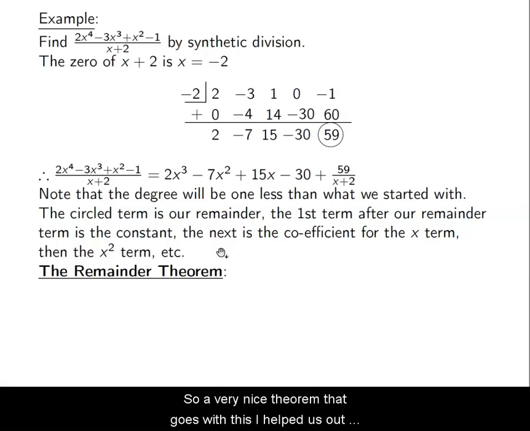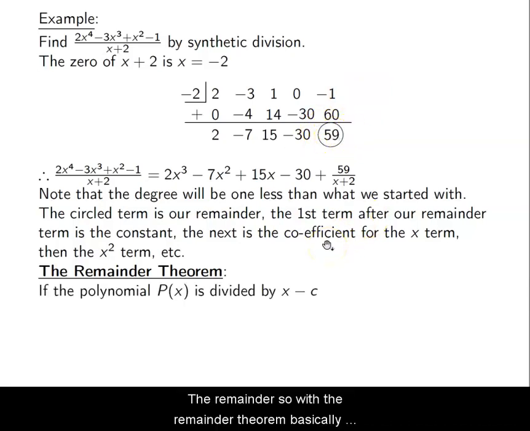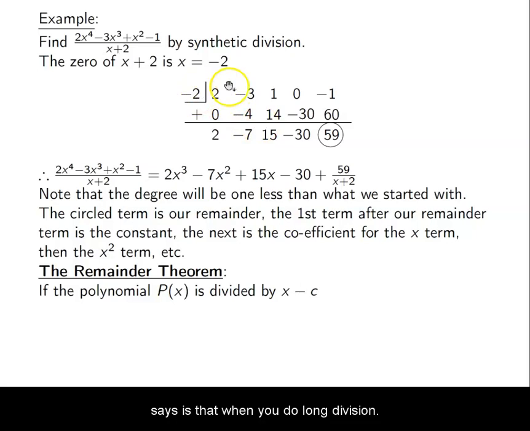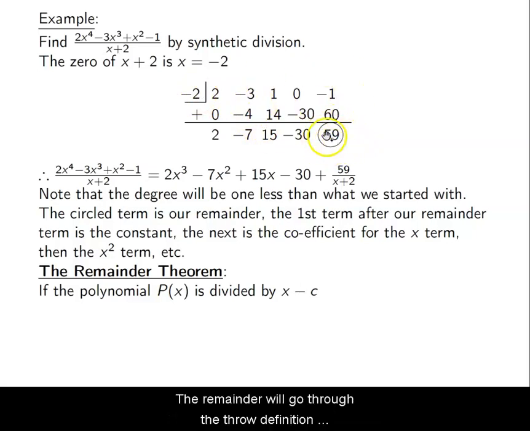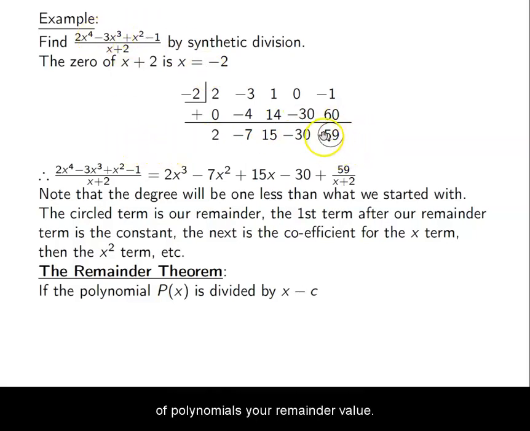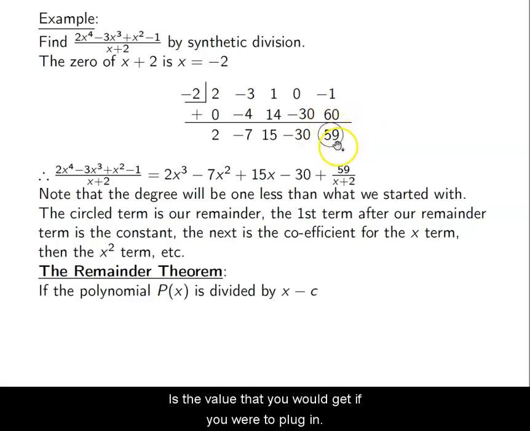A very nice theorem that goes with this, that helps us out a lot, is the remainder theorem. What the remainder theorem basically says, as a Cliff's Notes version, is that when you do synthetic division, or even long division of polynomials, your remainder is the value you would get if you plugged your divisor's 0 into the polynomial.